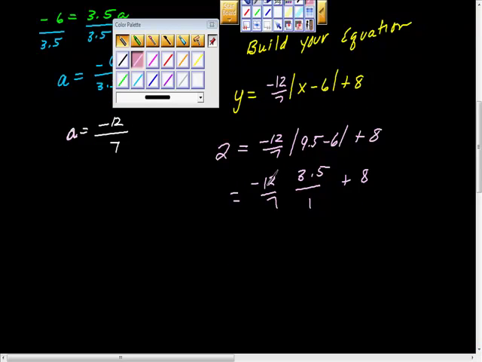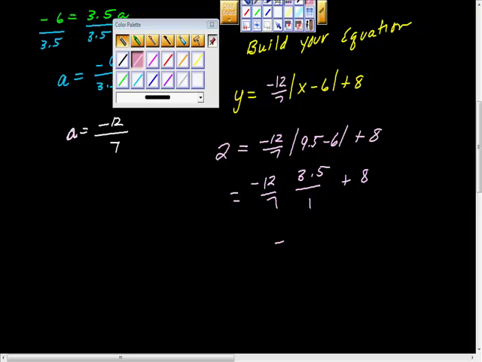What does this come out to be? What is negative 12 times 3.5? Negative 42 over 7.